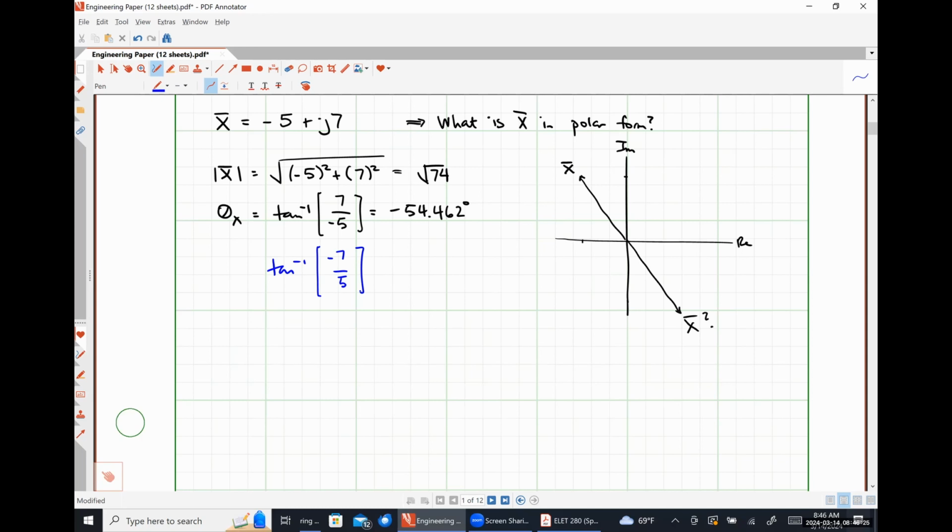The first converts a number into polar form, and the second option converts a number into rectangular form. So since we're trying to convert into polar, I'm going to press 1. And we get square root of 74, angle 125.537, which is exactly 180 degrees off of this -54 that we were told, right?